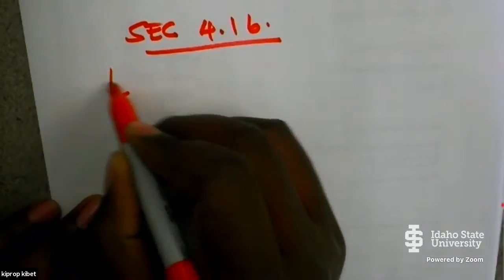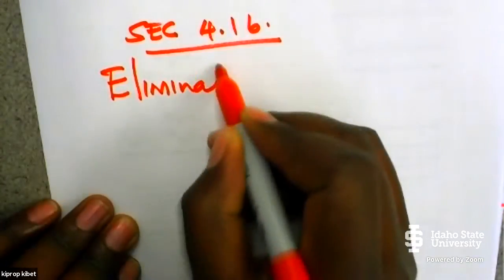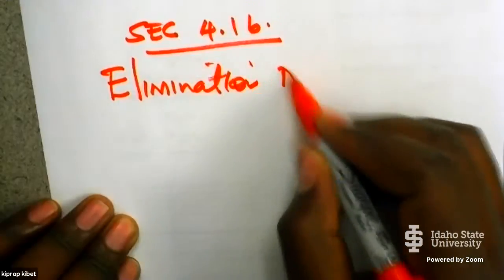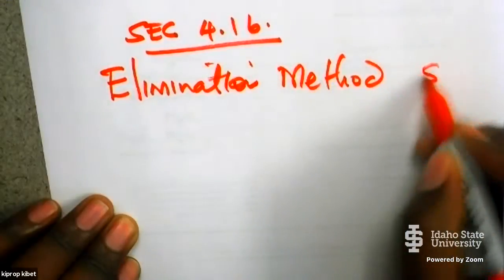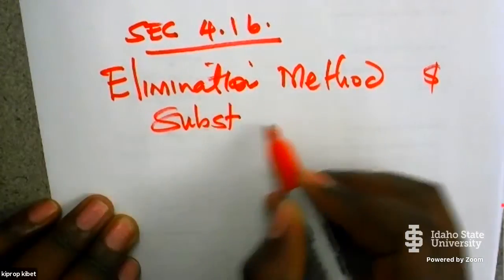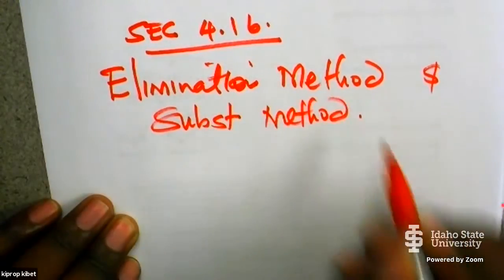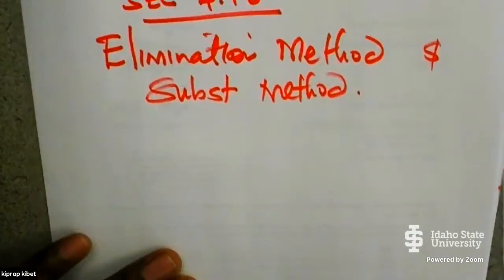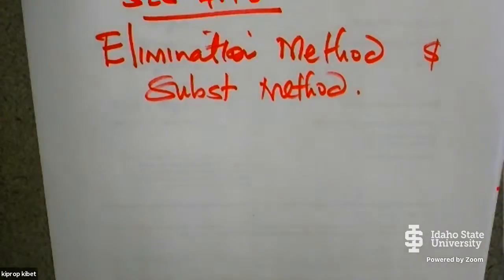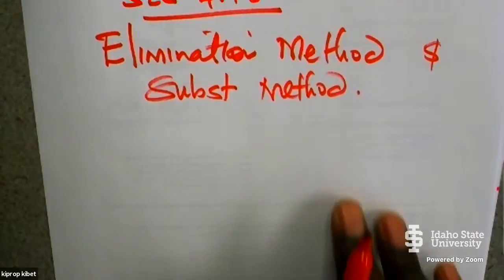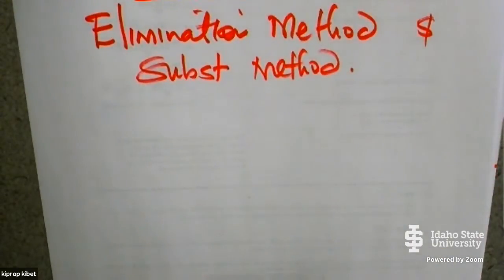Today we're going to look at how we can solve these equations using the elimination method and the substitution method. We are going to just use examples, so you will see how we solve this using the elimination and substitution methods.